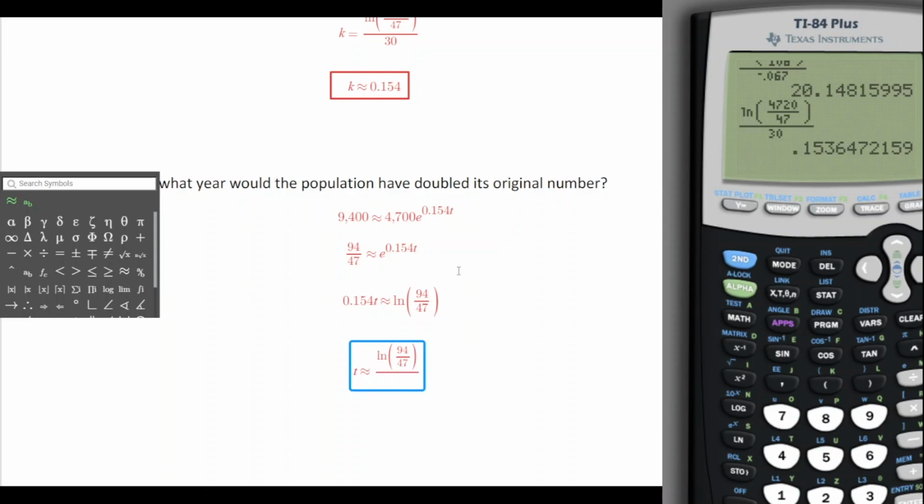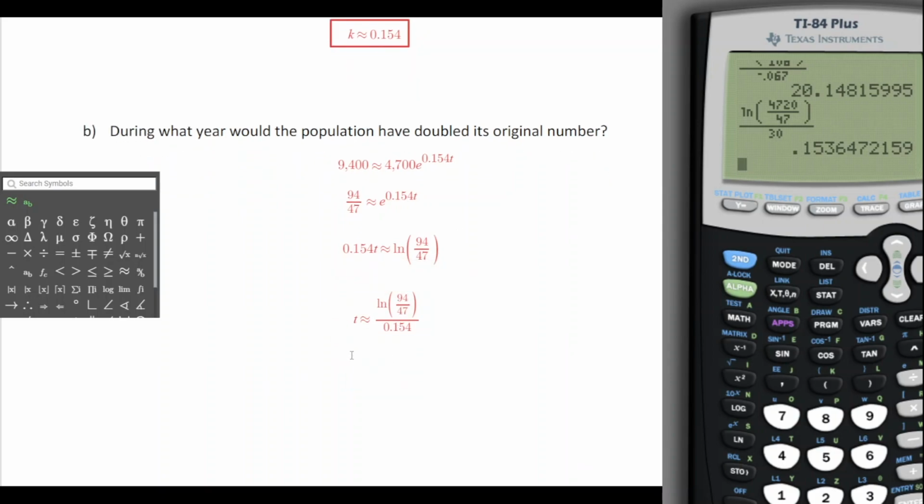So when I go to divide it in the calculator, since I already have the legit k value in there, I'm going to use that. If you lose track of it and you have to use this rounded version of k, it's not going to totally throw it off. In fact, it might be interesting to try it both ways, because of the rounding we might end up with the same answer. But I don't want to take that chance.